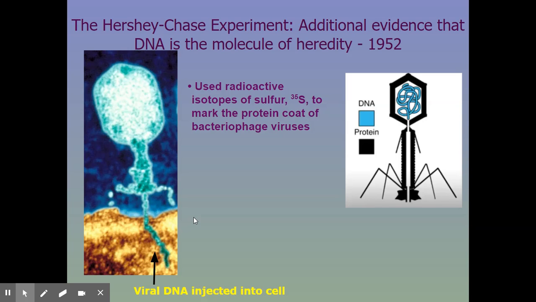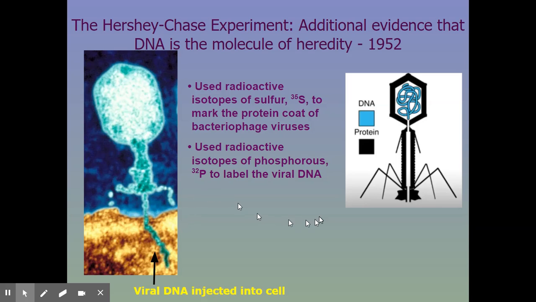So one group of viruses was grown in a radioactive sulfur environment, whereas another group was grown in a radioactive environment of phosphorus. In this way, the ones grown in the sulfur had a protein coat that was radioactively labeled. The ones grown in the radioactive phosphorus had only DNA that was radioactively labeled.